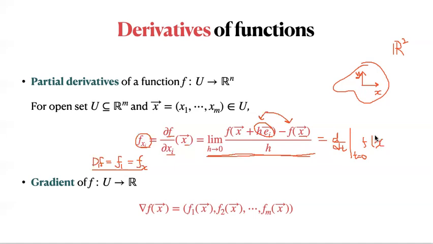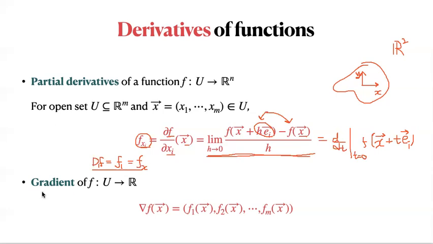Here ei means the i-th component is 1 and the others are 0. It is the same formula for the partial derivative with respect to the xi direction.